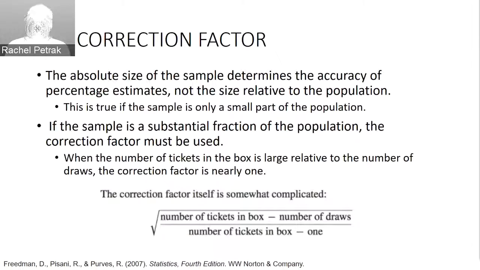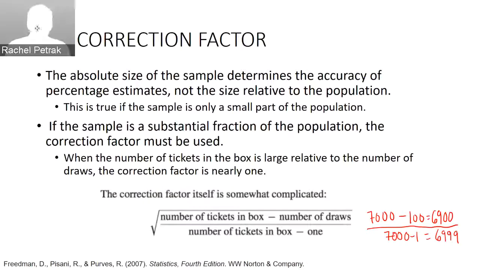Note that when the number of tickets in the box is large relative to the number of draws, the correction factor is nearly 1. Let's say there's 7,000 tickets and only 100 draws, then the numerator in this formula would be 7,000 minus 100, or 6,900, over 7,000 minus 1, or 6,999, and this is very close to 1, the square root of this whole thing.